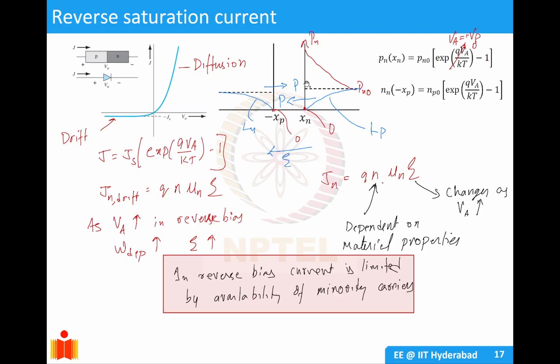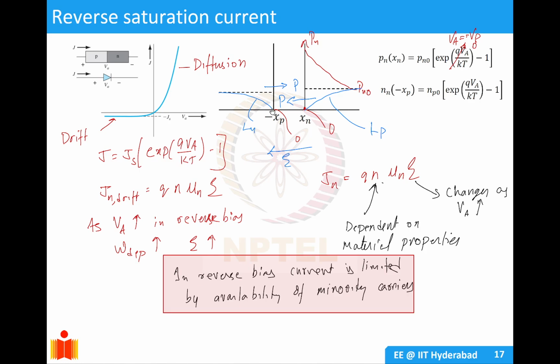So what happens here in reverse bias is the potential across the junction becomes equal to the applied potential. So hence this becomes 1, so Pn of xn becomes equal to 0. So this is 1, 1 minus 1 becomes 0. Here also it becomes 1 minus 1, 0.